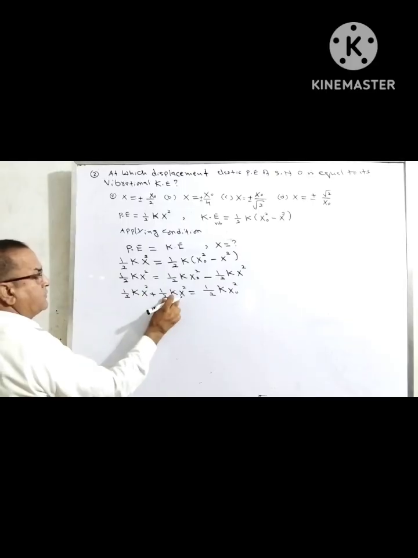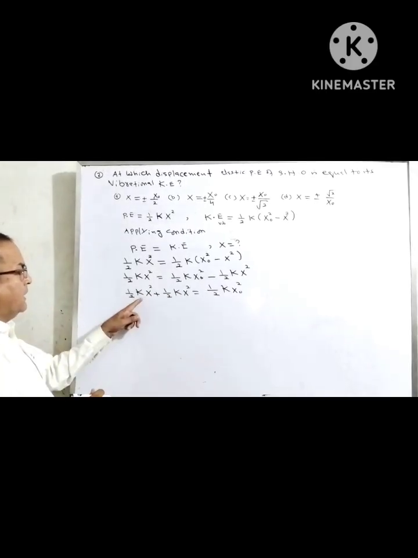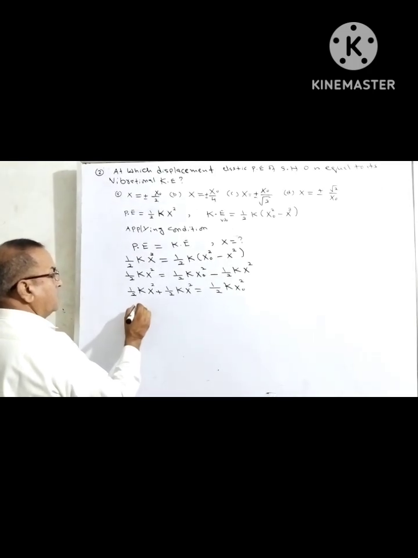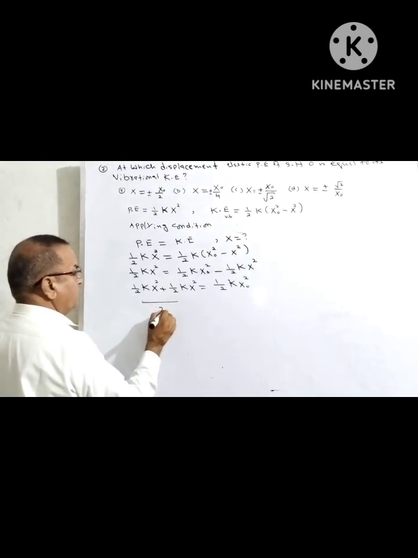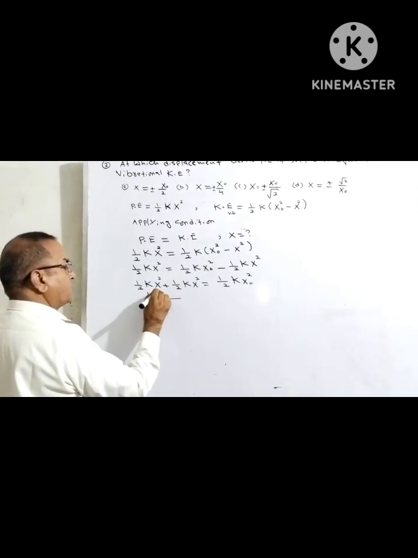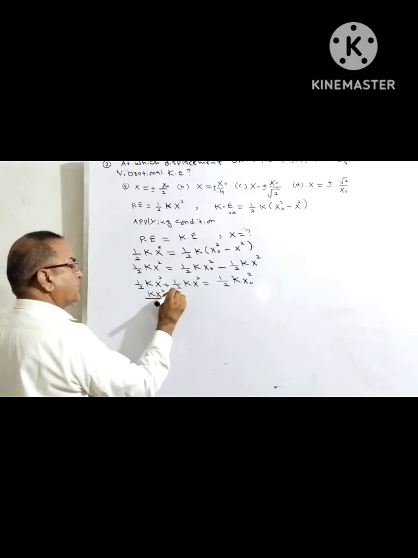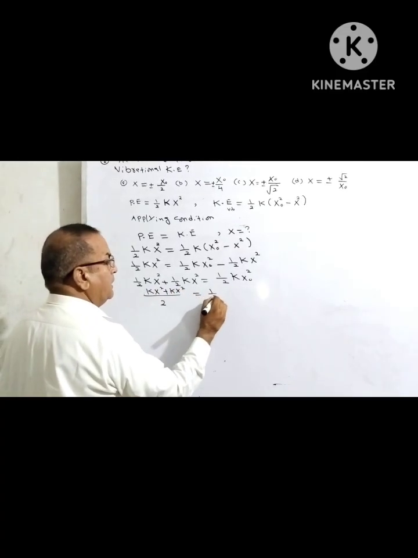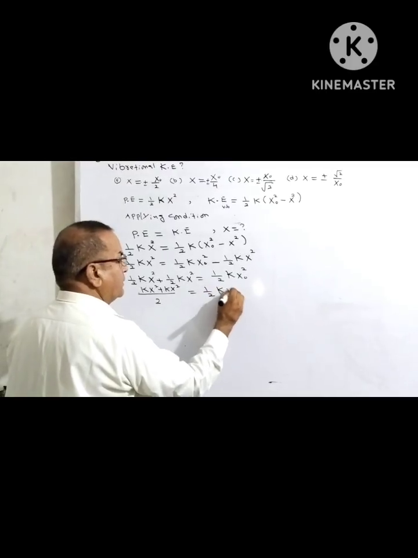1 by 2 k x square plus 1 by 2 k x square becomes kx square, or you may take the LCM. LCM is 2: 2 kx square by 2 is kx square, which is equal to 1 by 2 k x naught square.